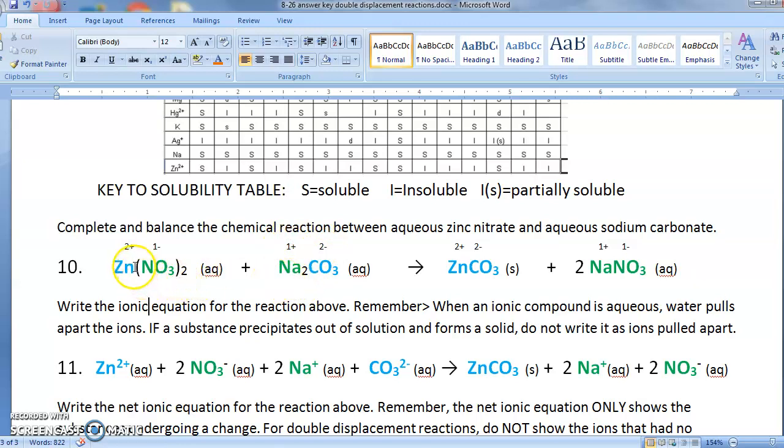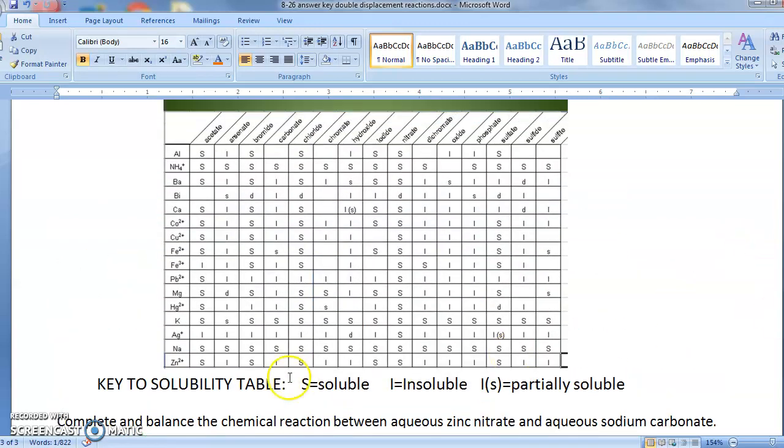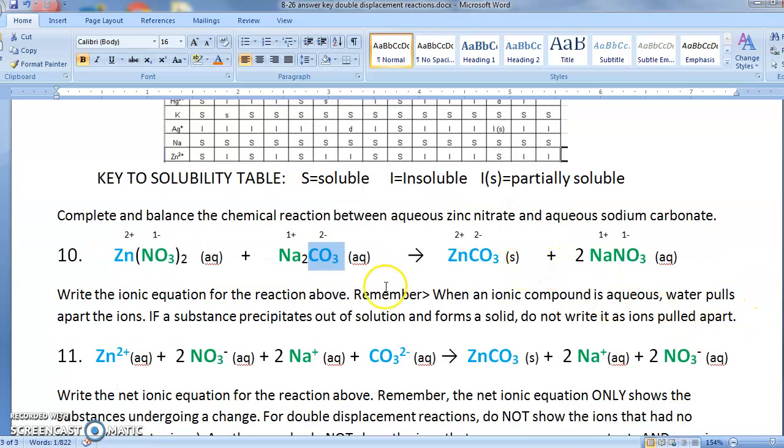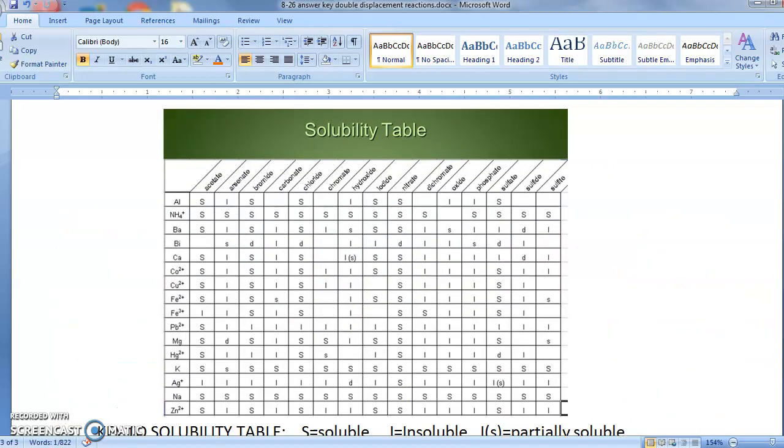When we do this reaction, the zincs are going to bump into the carbonates when they're floating around. What happens when the zinc ions bump into the carbonate ions? Well, there's the zinc. We go over to the carbonate column. They're insoluble. It'll precipitate out of solution. The sodiums are going to bump into the nitrate ions. We go up to the chart. Where's the sodiums?